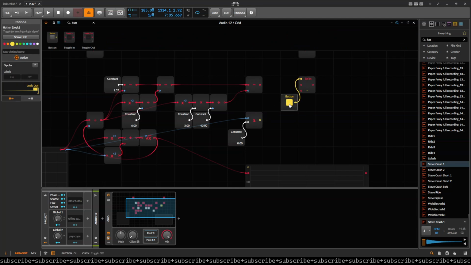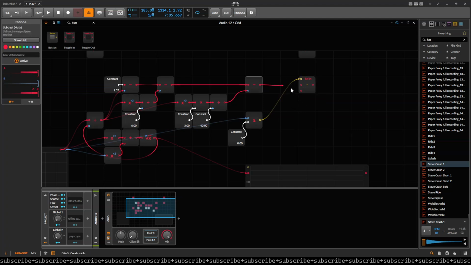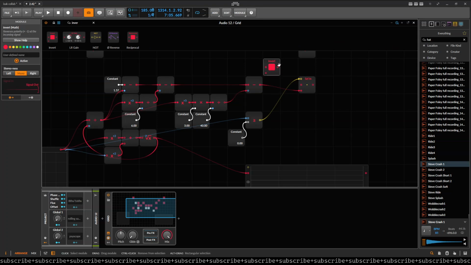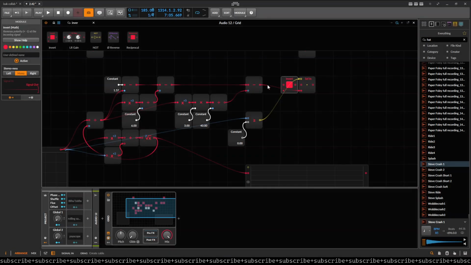If I press this button, it selects the second one. So if this is true, I want to select the second one, which is gonna be our positive value. And if this is not true, I want to invert this. Show help. So multiplies by -1, invert this thing's polarity here. I want to choose that.